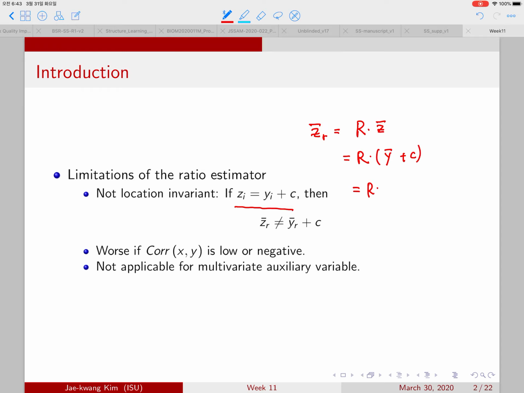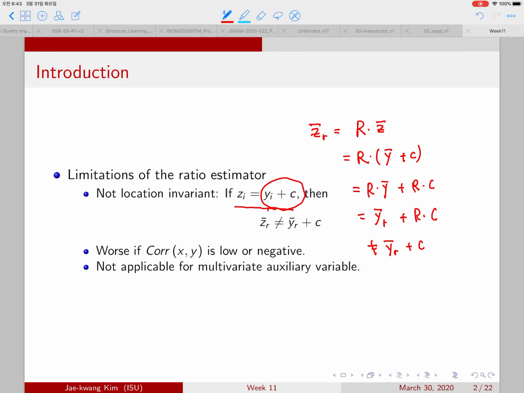So that is R y bar plus R times c, which is y bar ratio plus R times c. That is different from y bar R plus c. So the ratio estimator of the additive transformation is not equal to the additive transformation of the ratio estimator.